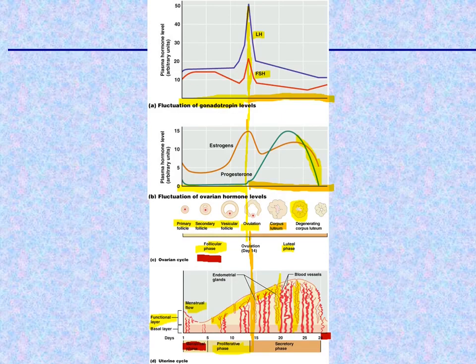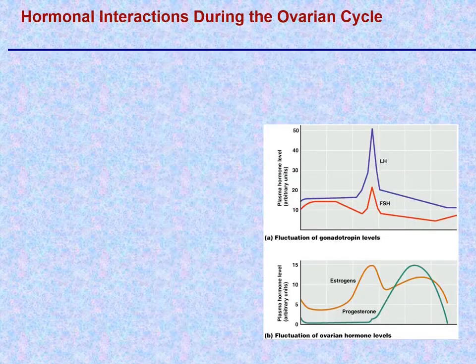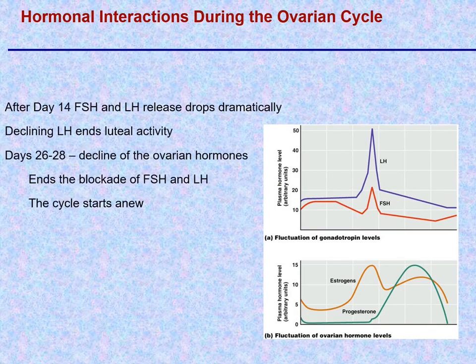Again, if the egg does not become fertilized, then you get this breakdown, leading to sloughing off in menstrual flow of the functional layer. I think this is self-explanatory. Most of it I said, in fact.